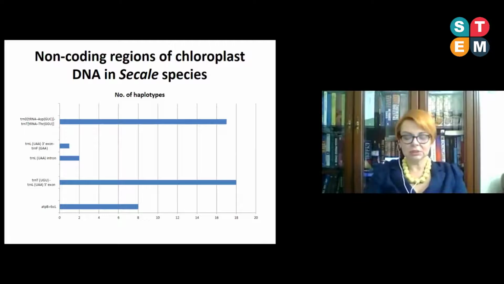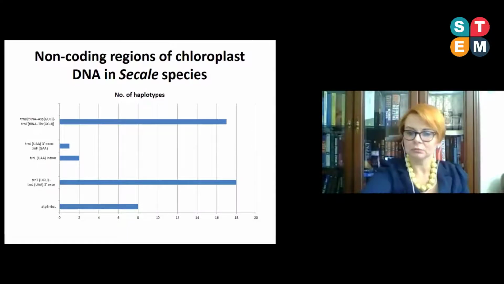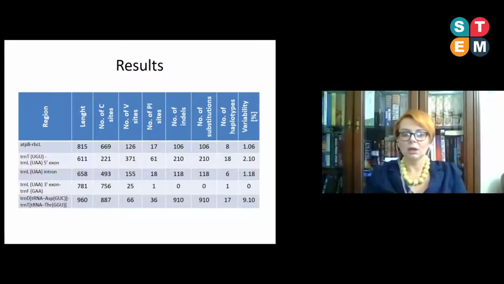We found a total of 46 haplotypes, most in these two regions, lying between tRNA genes. Based on this data, we selected the most variable regions, which are the last one and the second one.